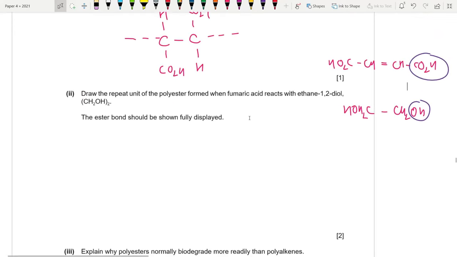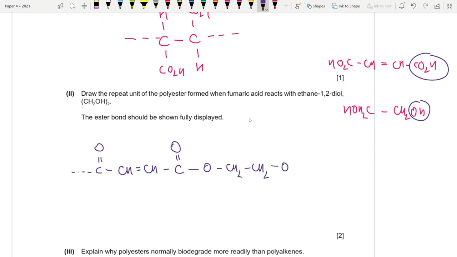So come on, I'll show you 2 ways of drawing it. This is one way. CH double bond CH, CO, CO. Here we're going to show the ester bond as COO, right? Then we have CH2, CH2O, dotted line. This is one way of drawing it.